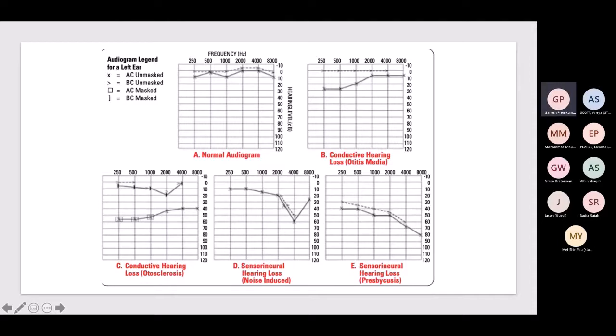There is also conductive hearing loss due to otosclerosis. The key thing here, when you look at conductive hearing loss with otosclerosis, is something called Carhart's notch, and it happens at 2000 hertz frequency. You will see there's a massive dip.